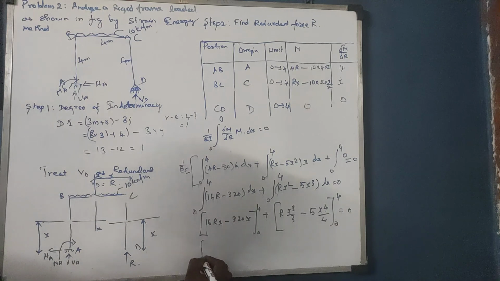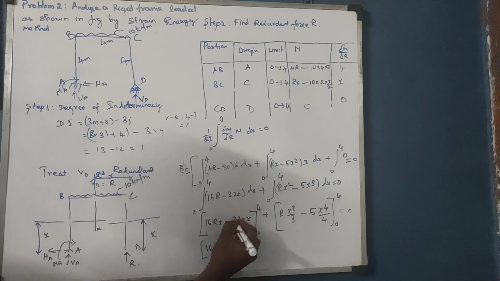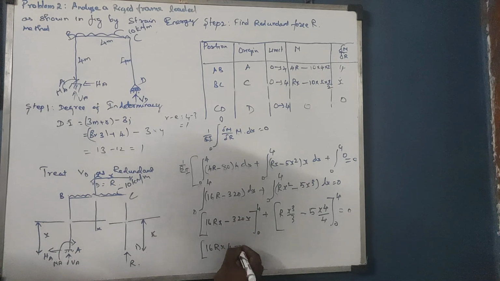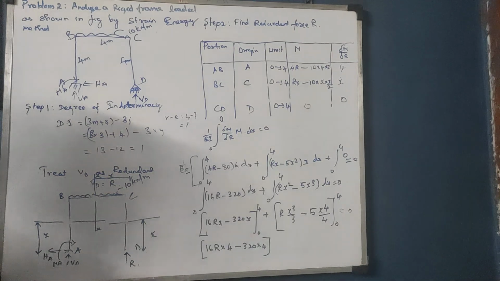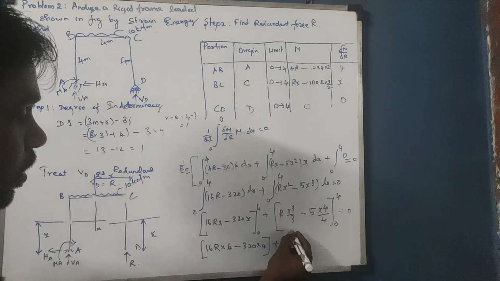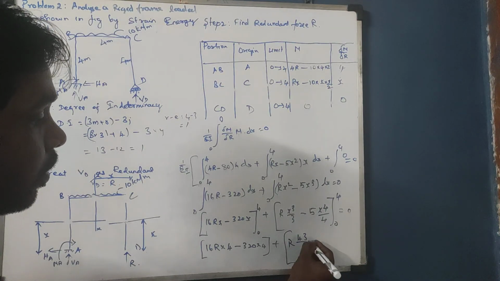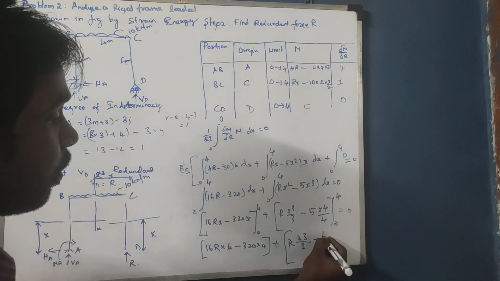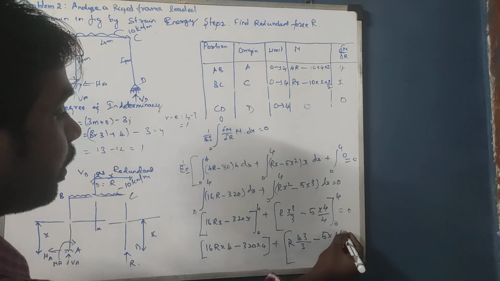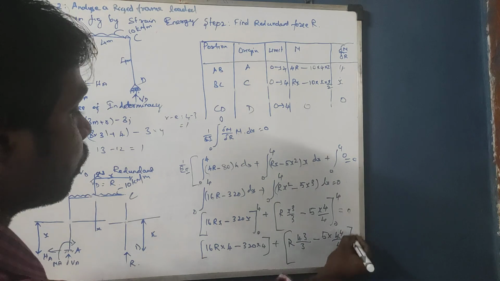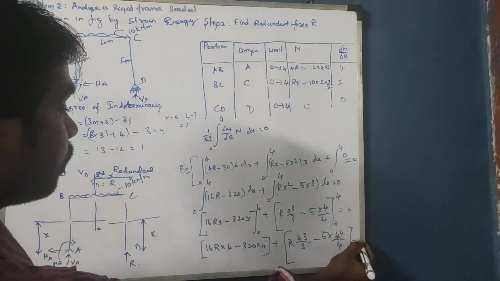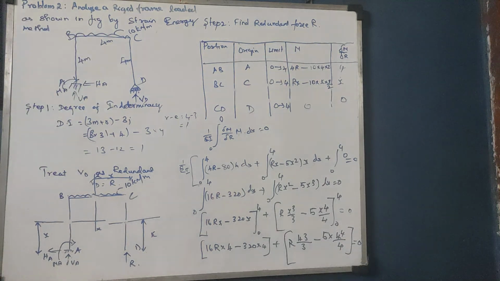Therefore, we have 16R into x equal to 4, minus 320 into 4. If you apply 0, it will become 0, plus R into 4 cube by 3 minus 5 into 4 to the power 4 by 4 equal to 0.